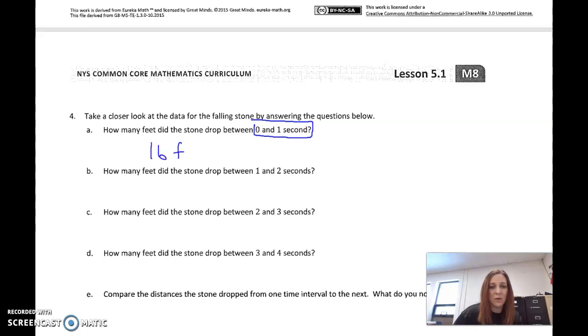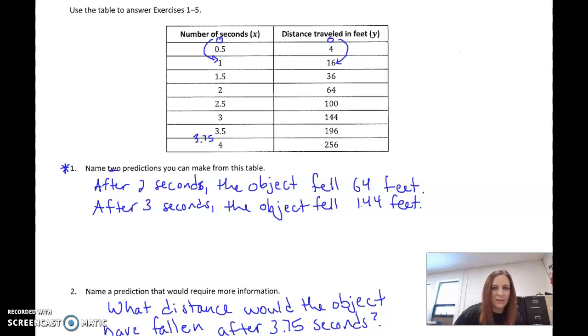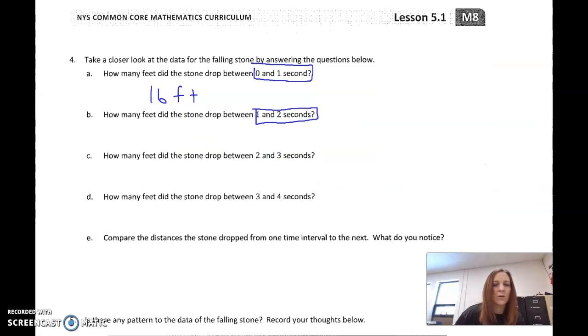That's how far the stone dropped. How about between 1 and 2 seconds? I want to show you where it's coming from. We went from 0 to 1, now I want to go from 1 to 2, so I'm going from 16 feet to 64 feet. I'll just subtract them to get the difference. 64 minus 16 is equal to 48 feet.